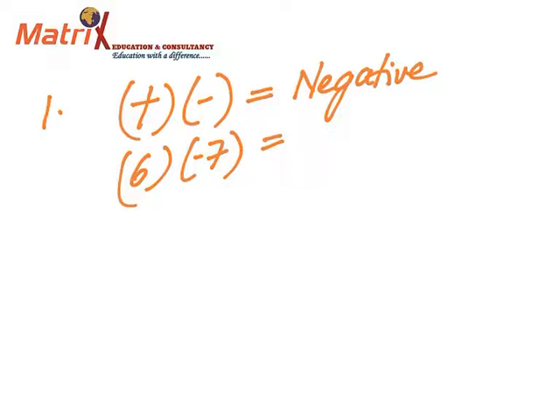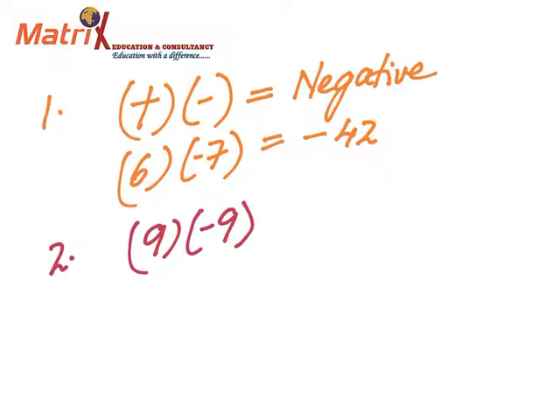We just leave it as a whole number. I can write plus 6, but we normally do not write it. So I'm just going to write 6. 6 times negative 7 is negative 42. I'll take another example. I have 9 times negative 9. This is negative 81.